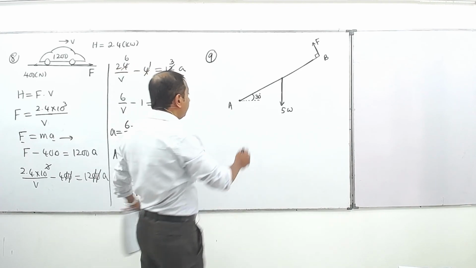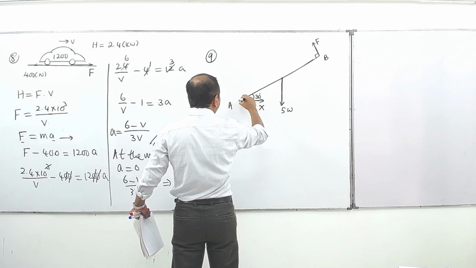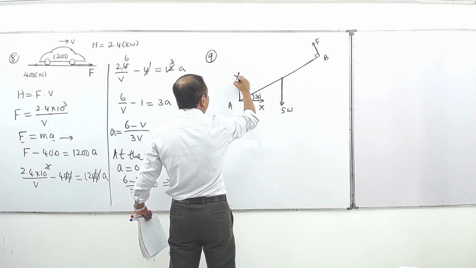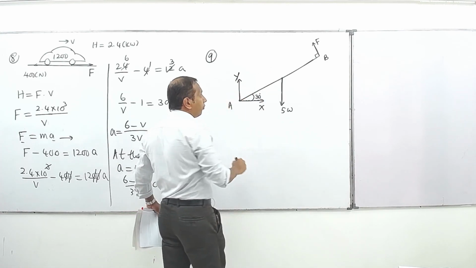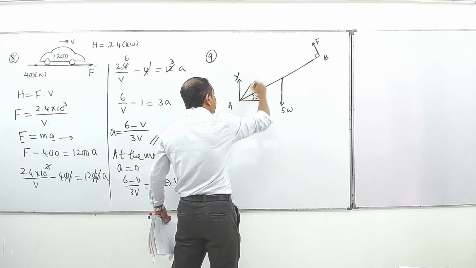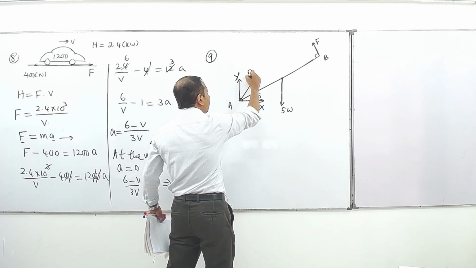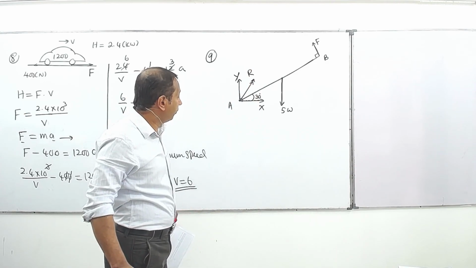We will take here horizontal component as X. Vertical component as Y. Right. So first to find this F. Then the resultant is going to be of this X and Y. That resultant only is defined as the reaction at the hinge A, R.